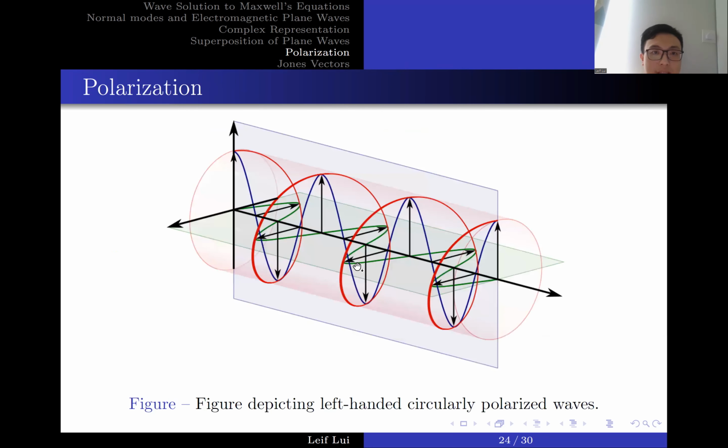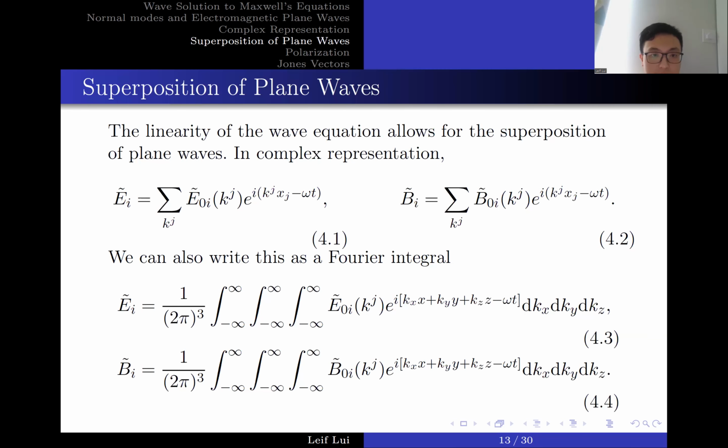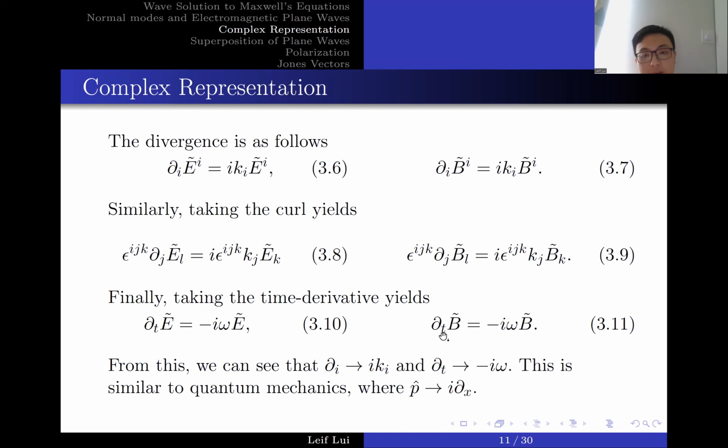Similarly, in electromagnetism, when we did the complex representation, we saw that there is a very nice correspondence between derivatives and physical parameters, which is exactly the same as that in quantum mechanics. So I think the beauty of researching this lecture is that I found a nice correspondence between classical optics and quantum mechanics.